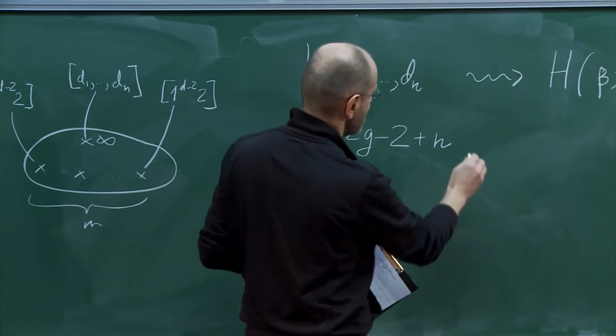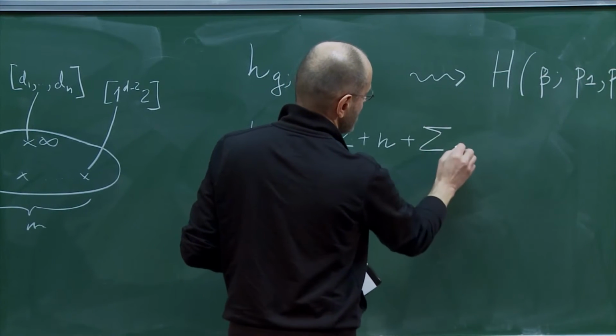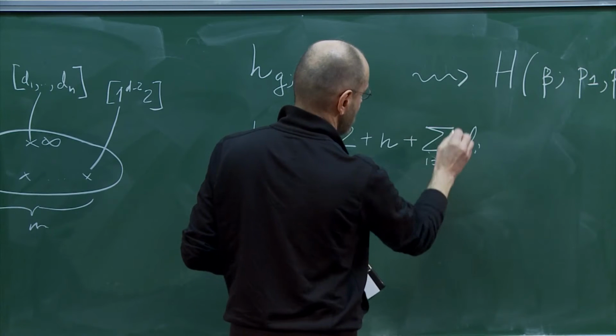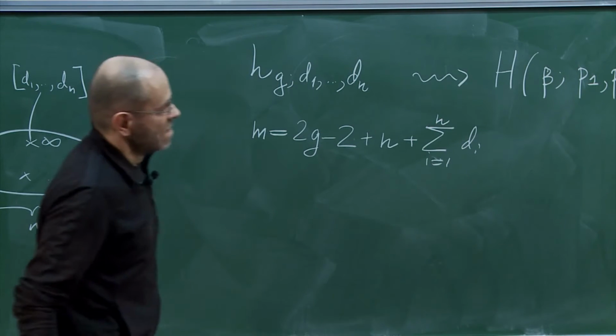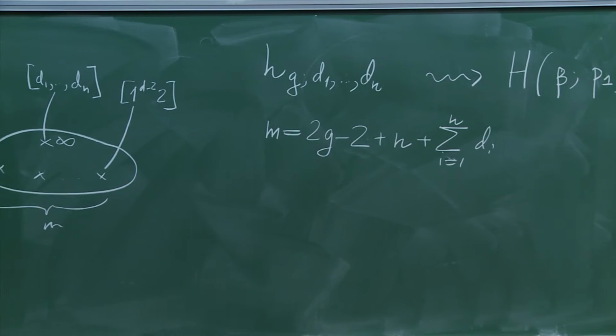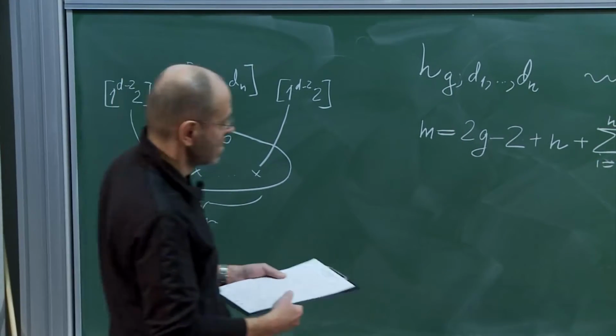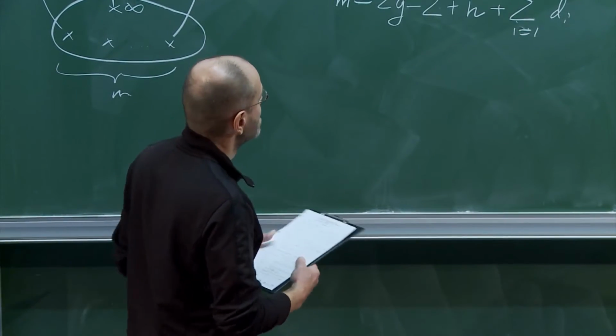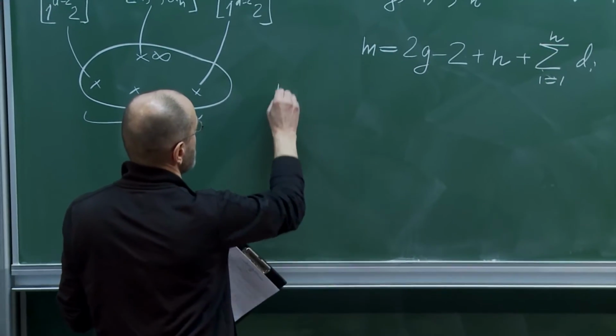And the degree is just the sum of di's. So that's the generating function, and this generating function, as we heard lately, enjoys many interesting properties. So let me list some of these properties.